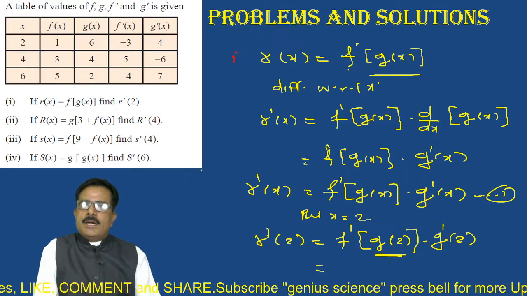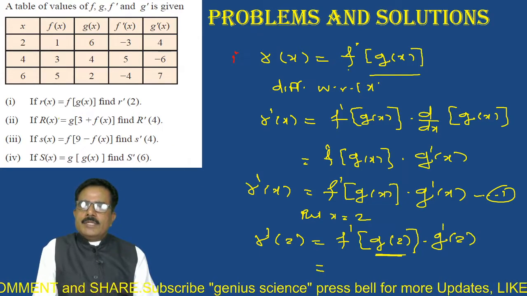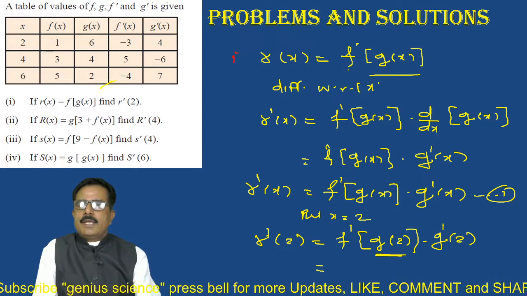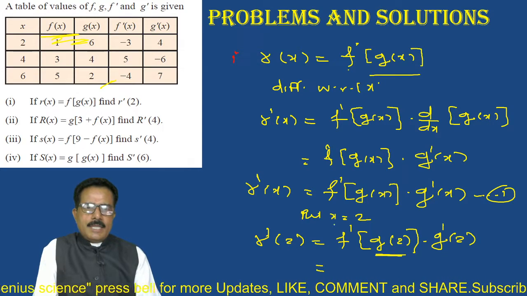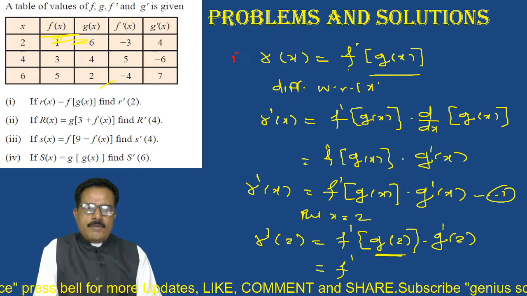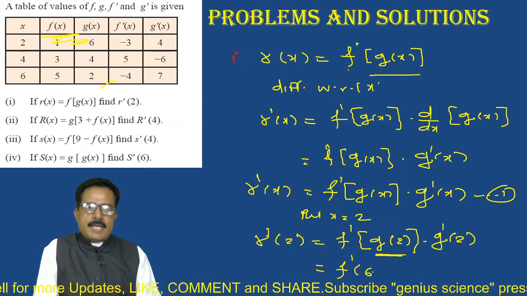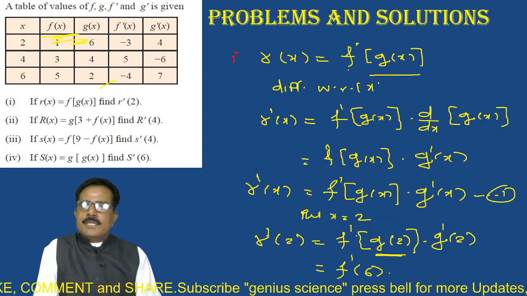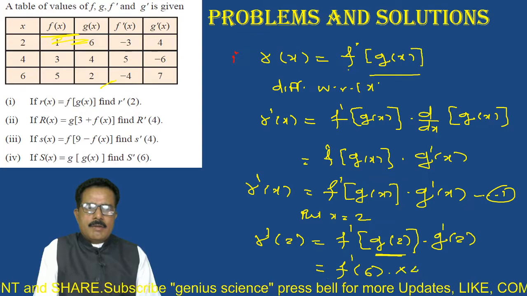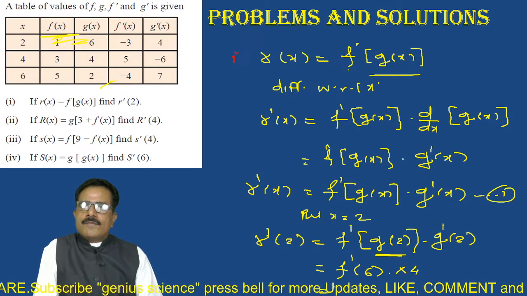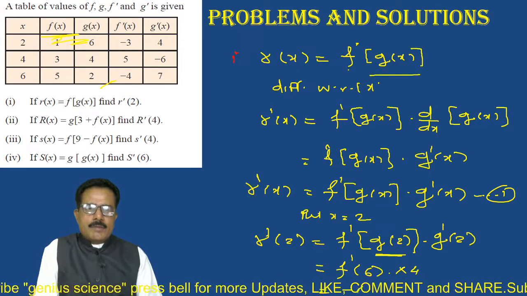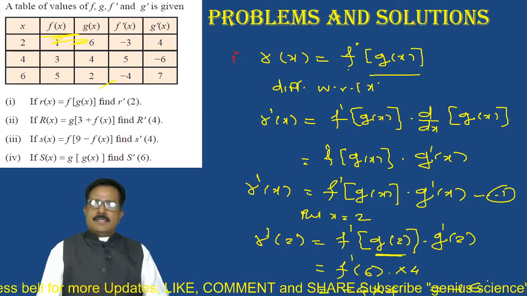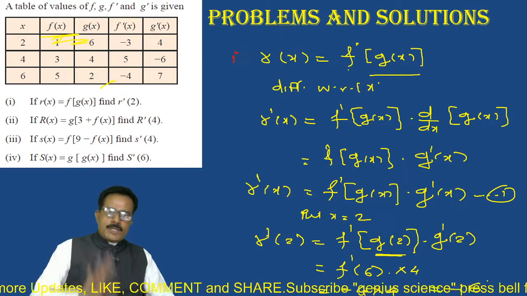What is the value of g of 2? g of 2 is equal to 6. In this table we have given g of 2 here. g of 2 is 6. Therefore, f dash of g of 2 is f dash of 6, into g dash of 2. What is the value of g dash of 2? It is 4. Again the value of f dash of 6 is minus 4, into plus 4, that is equal to minus 16. This is the answer of the first problem.